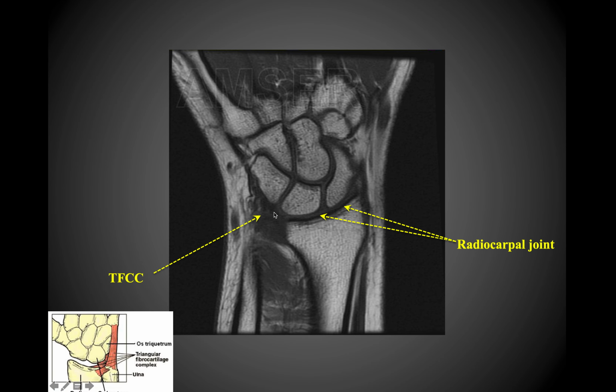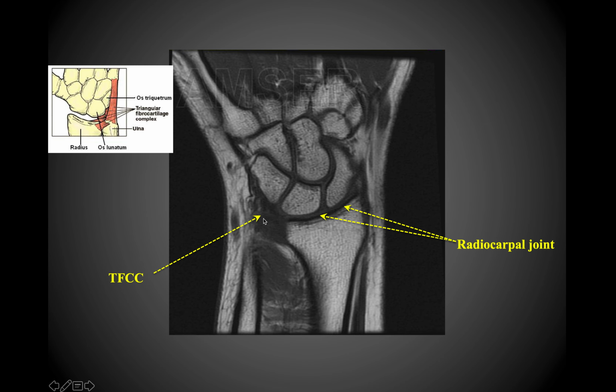And so this is a series of ligaments as well as some fibrocartilage that's located in between the lunate, triquetrum and then the ulna, and then the medial part of the radius. And so any sort of disruption or injury to this triangular fibrocartilage complex is going to be fairly well appreciated on an MRI view, as you can see in this case.